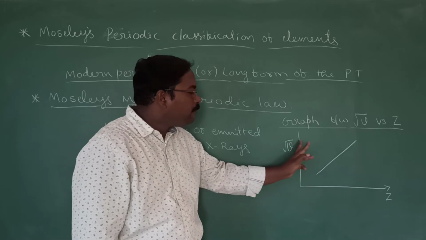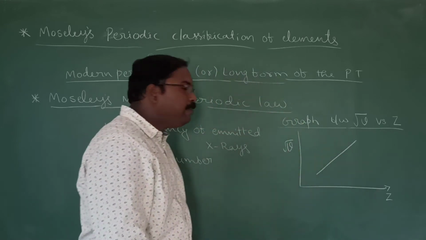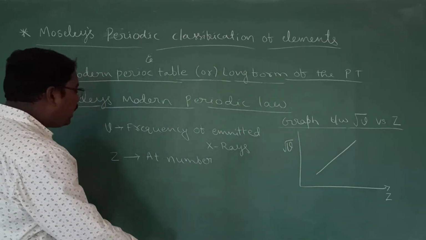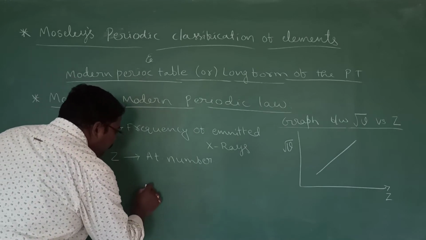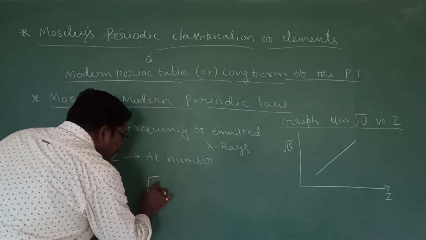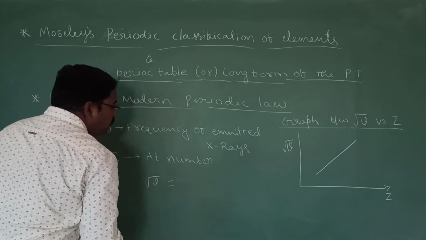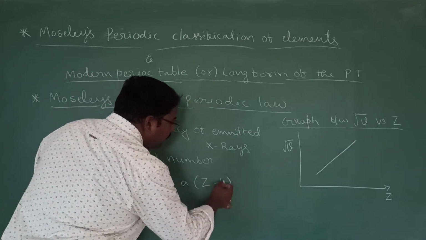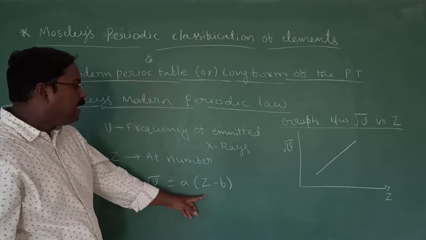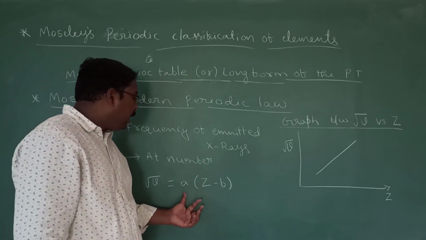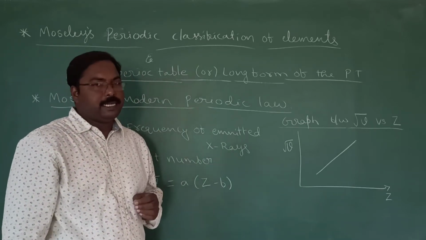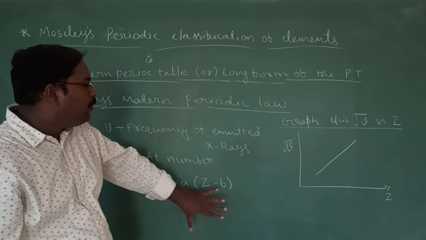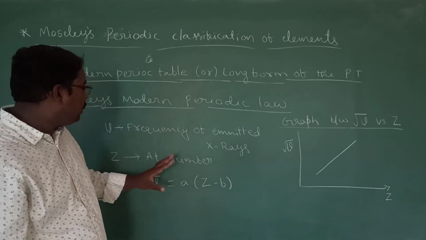From this graph, he gave a relation: square root of the frequency equals A into Z minus B. Z is atomic number, and A and B are constants. Anyway, the relation is not needed for us.